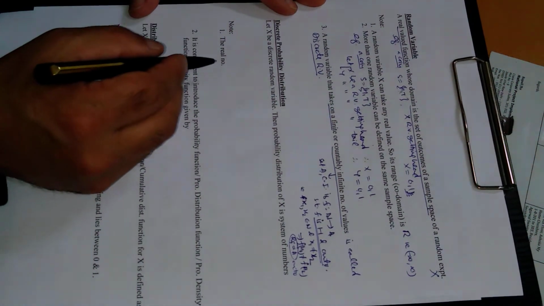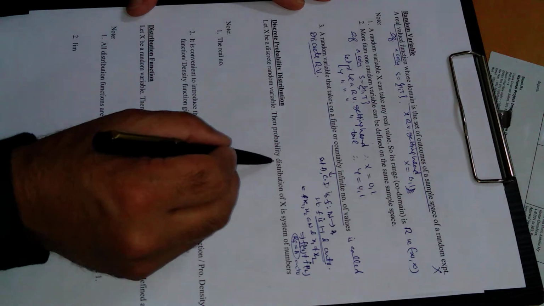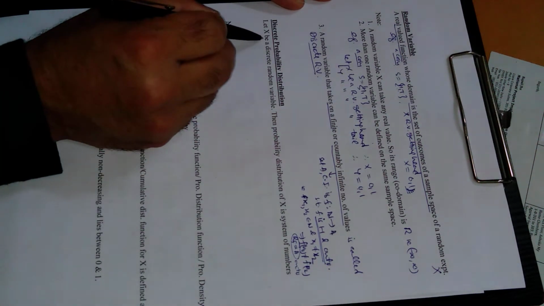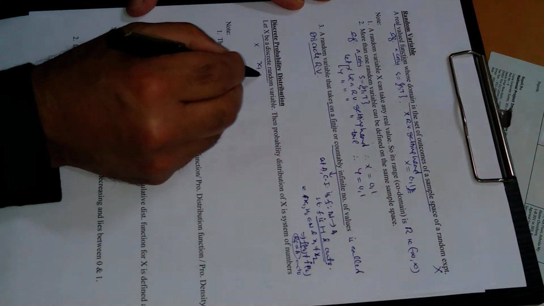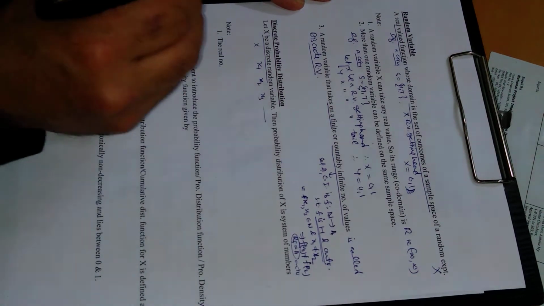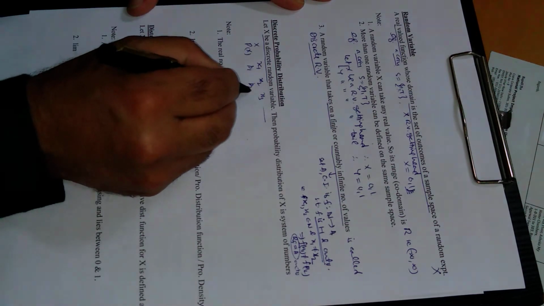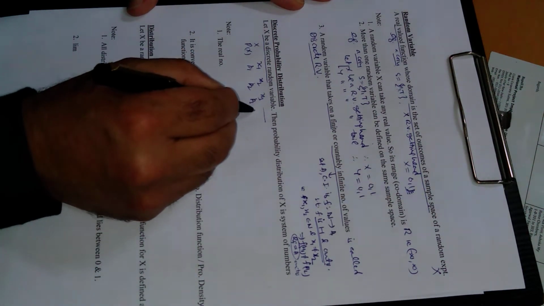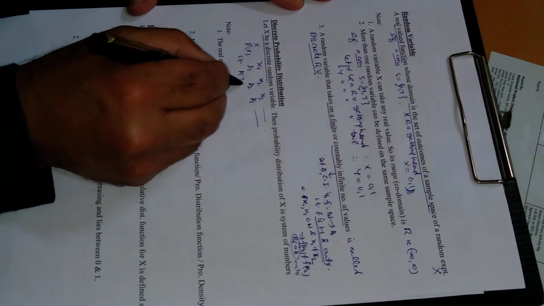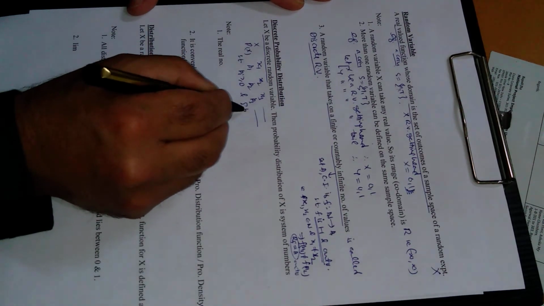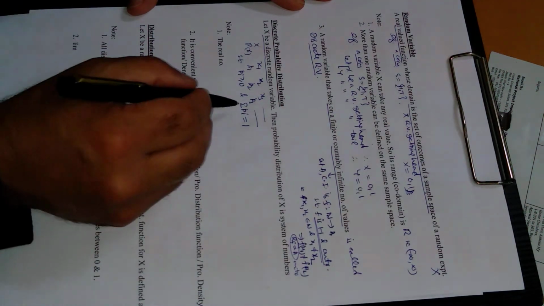Discrete probability distribution: let X be a discrete random variable, then the probability distribution of X is a system of numbers. The random variable X takes values x1, x2, x3 and so on, with probabilities p of x1, p of x2, p of x3 and so on, such that all of these probabilities are greater than or equal to 0, and the sum of all of these probabilities is equal to 1.